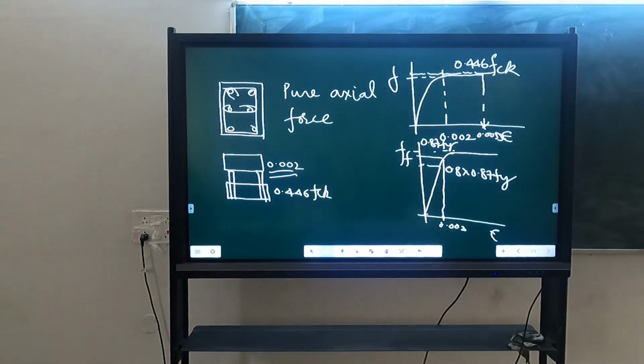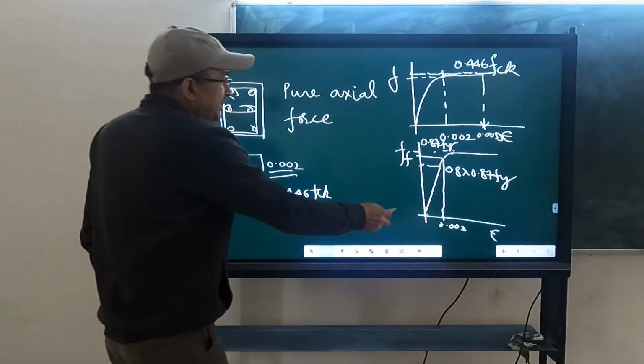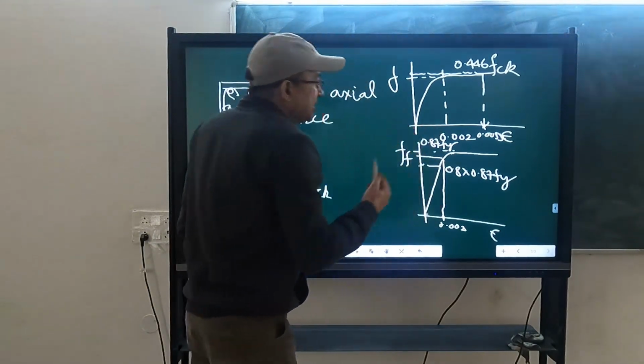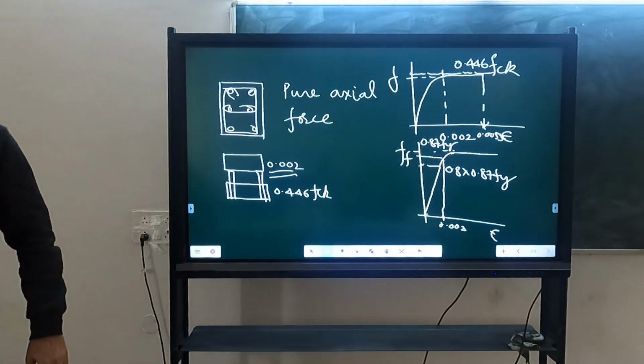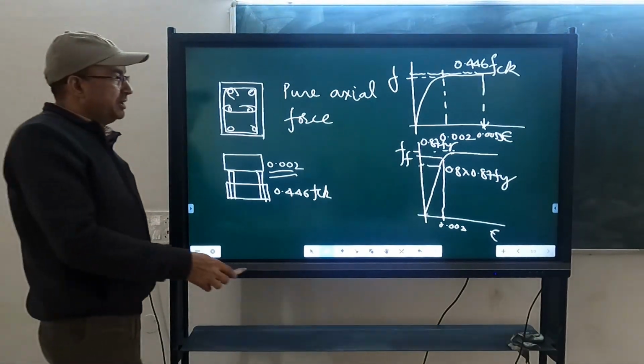So now, what is your doubt? That you have taken stress in steel equal to 0.002 into the modulus of elasticity? No, I have not taken that. I could have said that, but I have intentionally drawn it so that you have to read from the curve. But that curve takes values linear from... Let's do it for Fe 500.